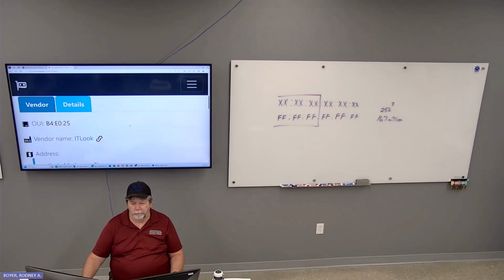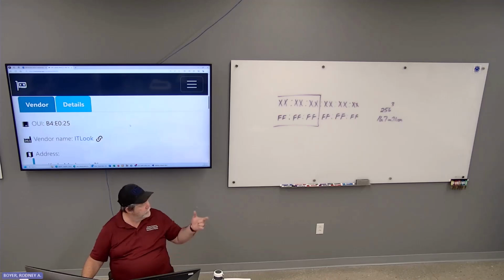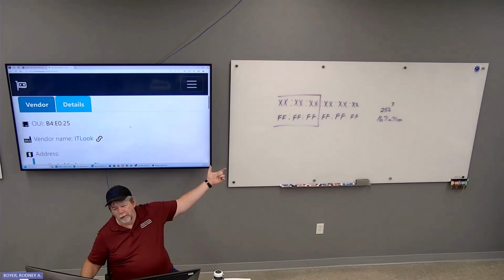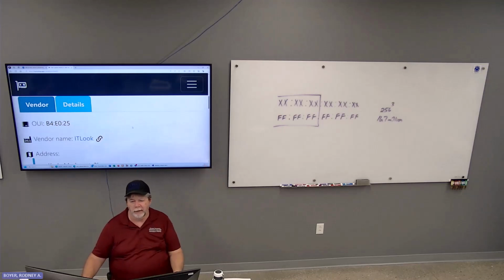But there could be 16.7 million different OUIs too, right? So it's 256 cubed OUIs.